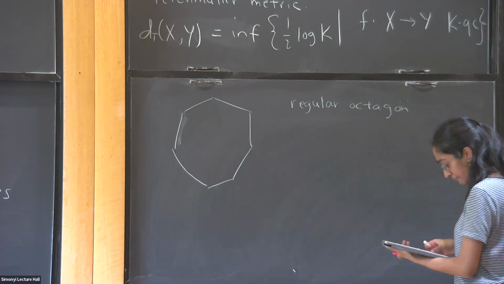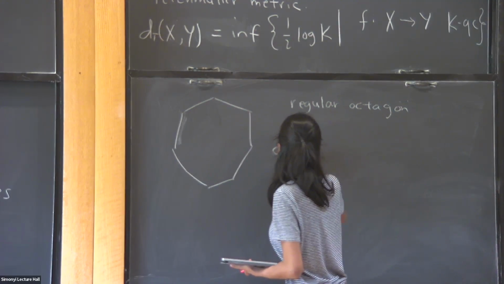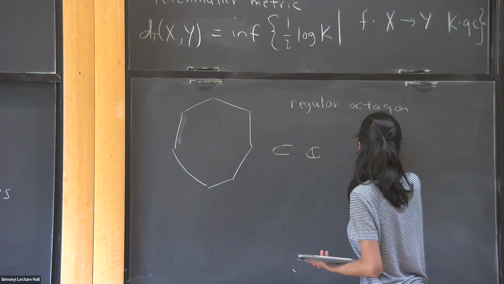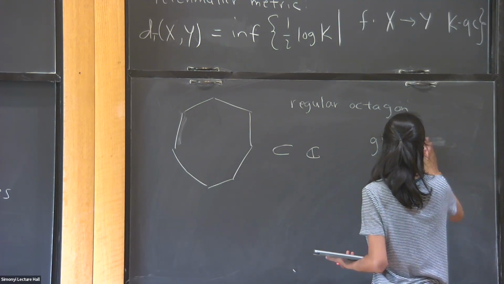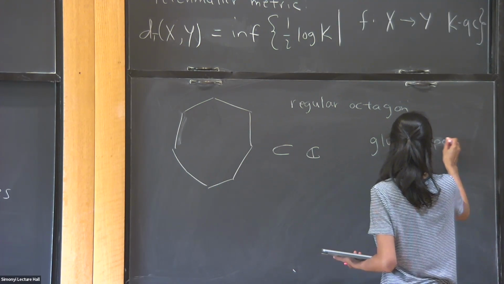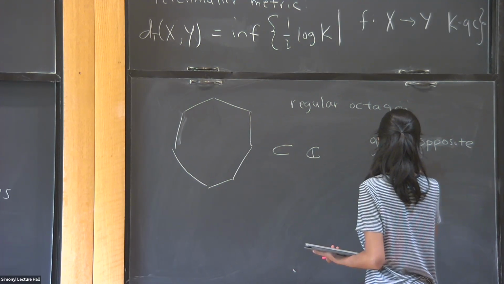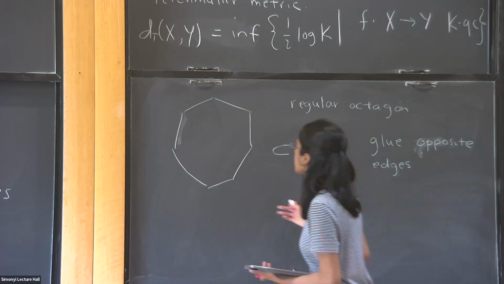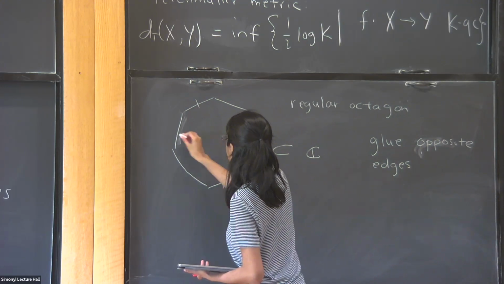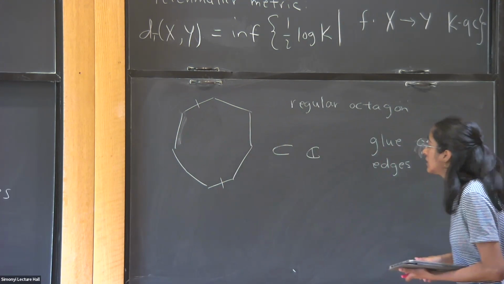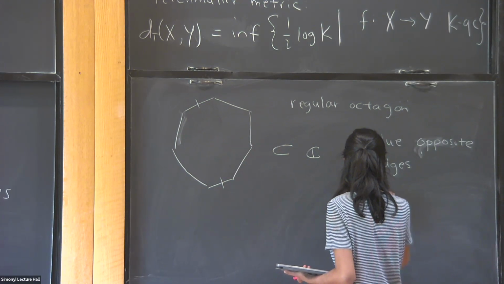Think of this as embedded in the complex plane, and glue opposite edges. So this edge will be glued to this edge will be glued to this edge, etc. And you'll get a genus 2 surface.